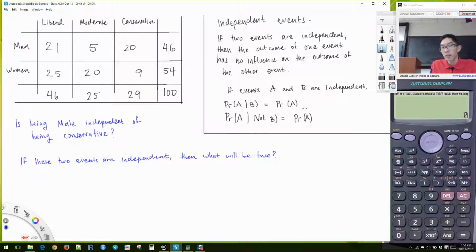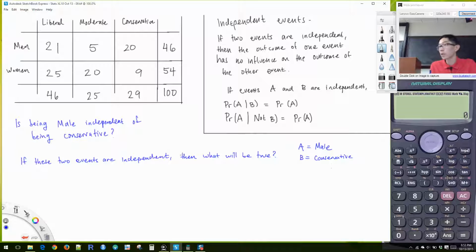Okay, these equations up here will be true. So let's just call A being male and B being conservative. Okay, so let's look at this top equation here, and I'm just going to replace where I see A with male and B with conservative.